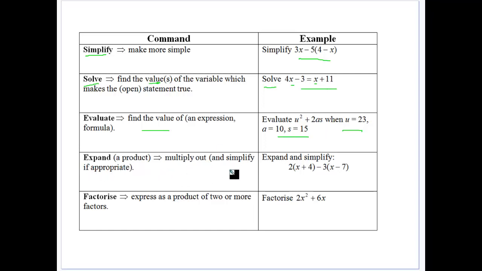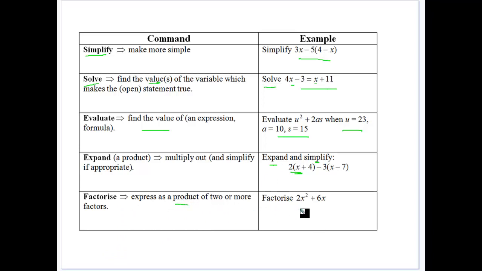Expand means to multiply out brackets. So when we've got a bracket there and we want to expand, generally we simplify as well. We want to get rid of those brackets when we expand. Factorize is to go the other way, to express as a product.